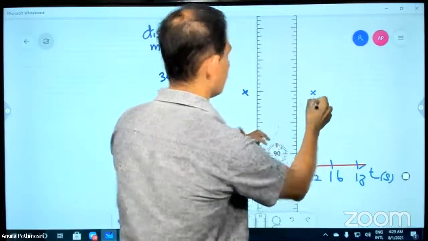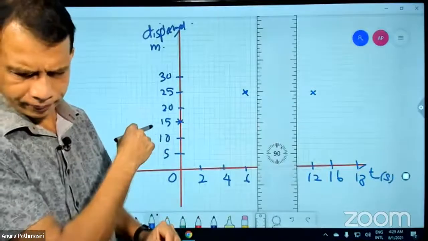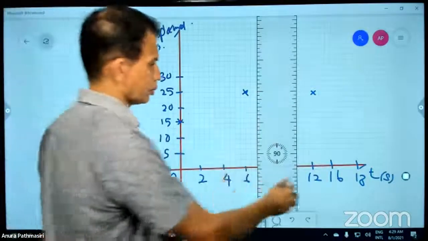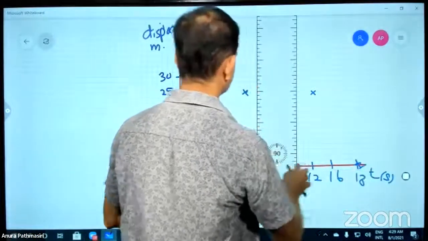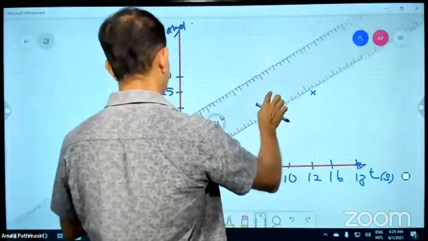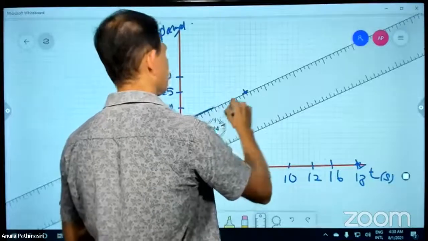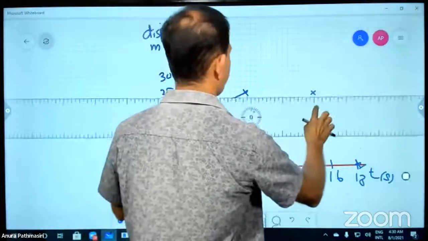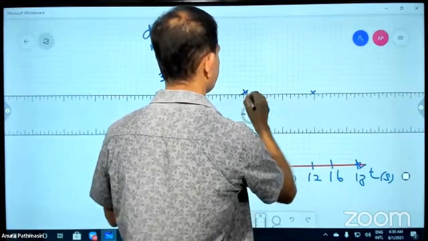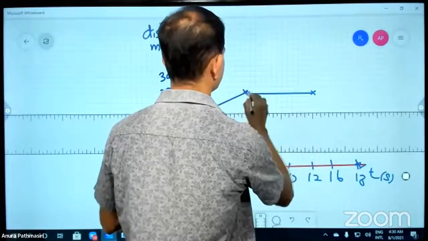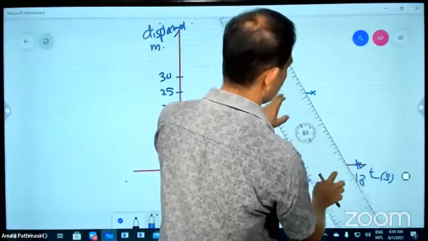Good. And next one, at 18, it is 0. So you have a graph like this.